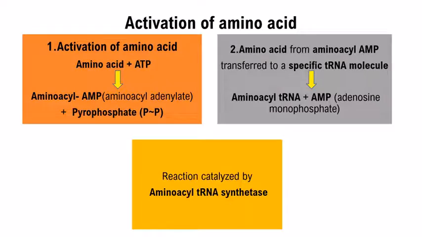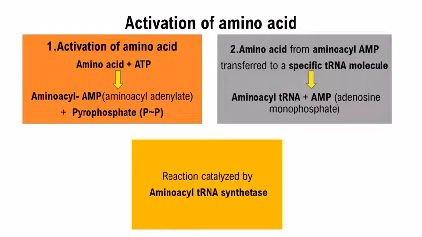Amino acid will first interact with the ATP molecule to form the amino acid AMP complex plus pyrophosphate. One molecule of pyrophosphate is released during that step. The amino acid from the amino acid AMP complex is then transferred to a specific tRNA molecule and AMP, that is adenosine monophosphate, is released.